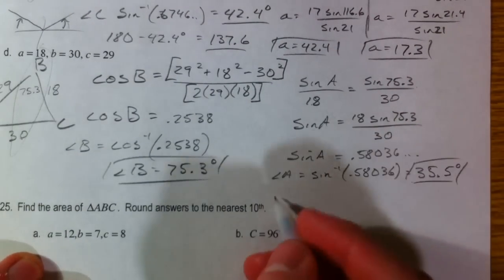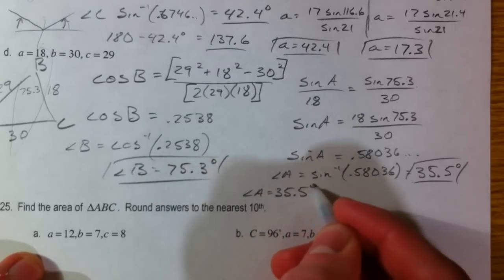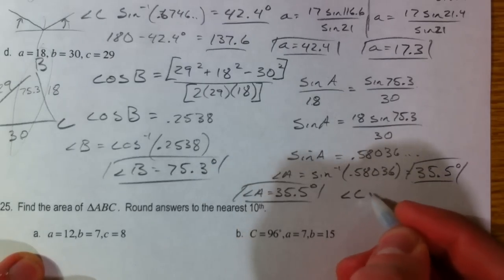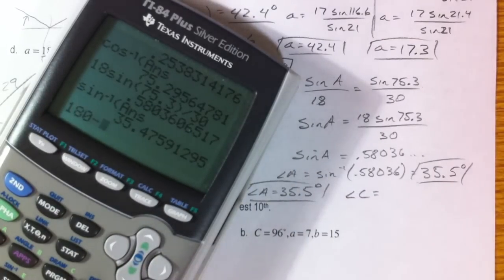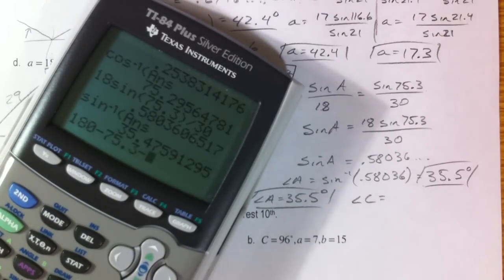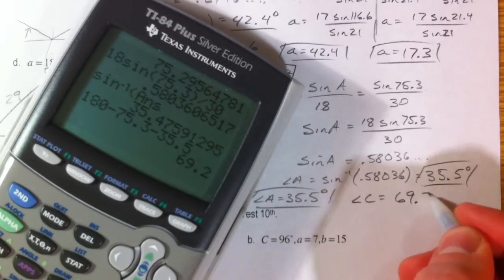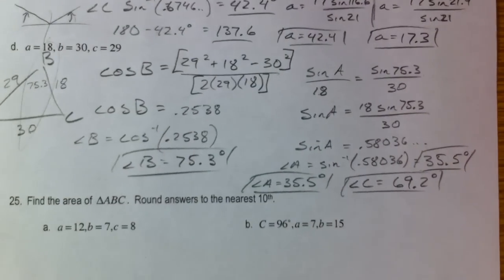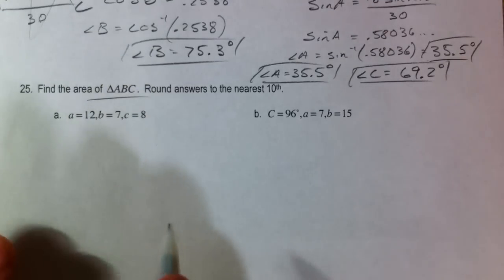And then, so that's angle A, 35.5, and then that would leave angle C to be the remnant of 180 minus our 75.3 minus our 35.5 to be 69.2 degrees. There you have it.